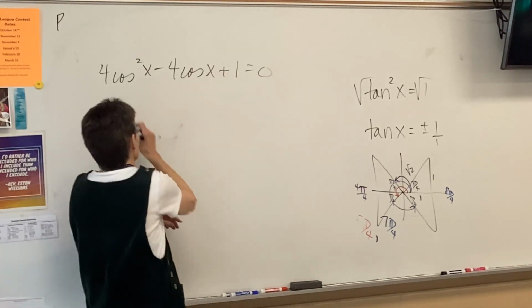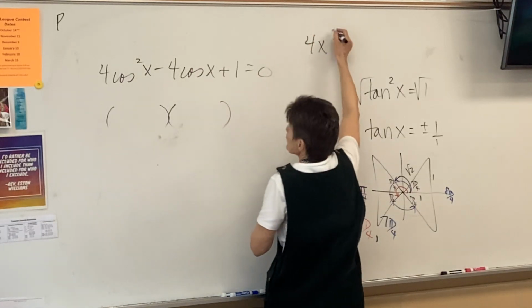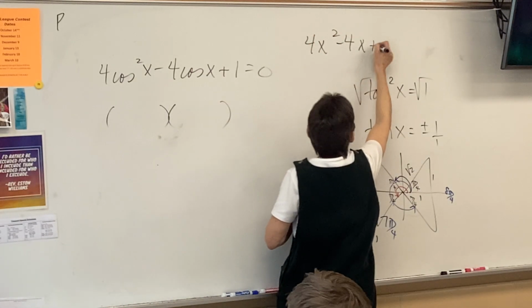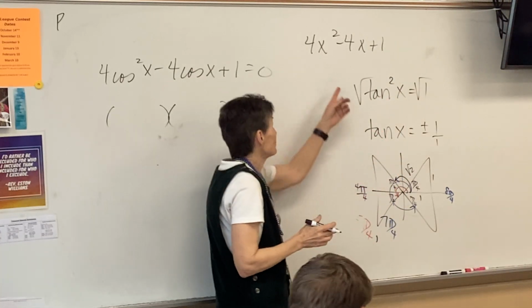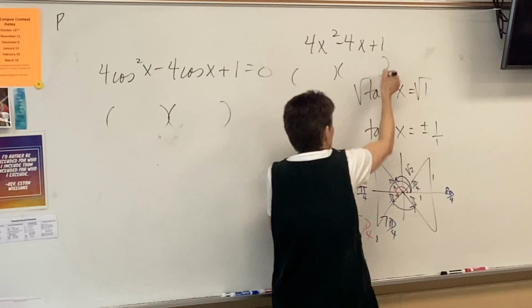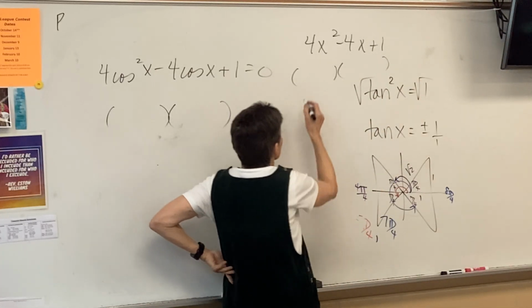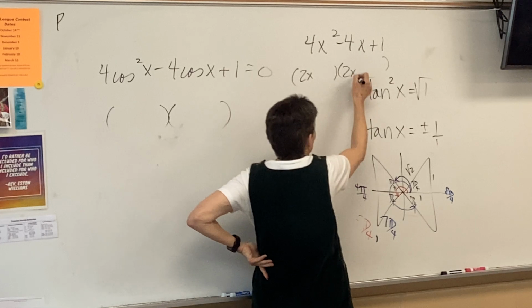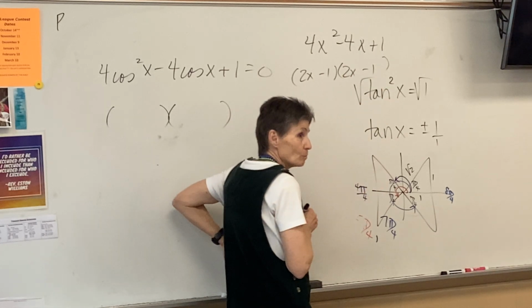This is factorable, Jimmy, in the same way that this is factorable. It's a quadratic. How would you factor that? Instead of a couple parentheses, what would they look like? X squared. What should I do? Would that work?